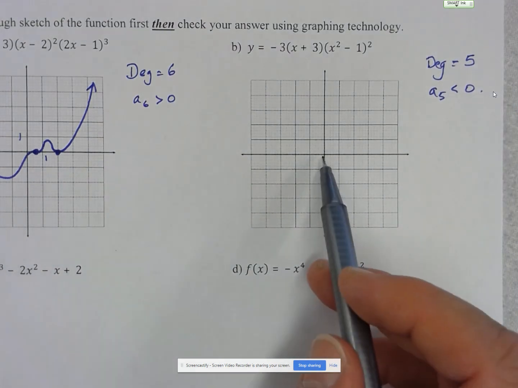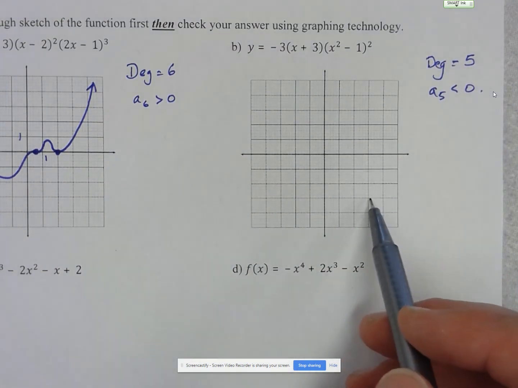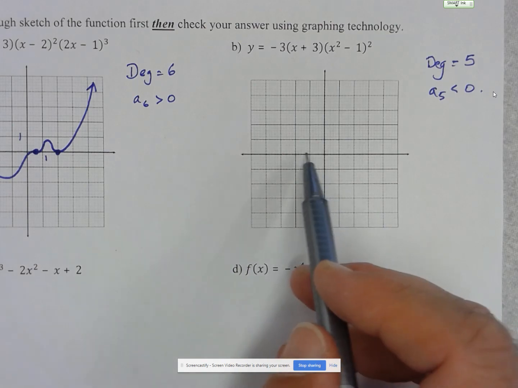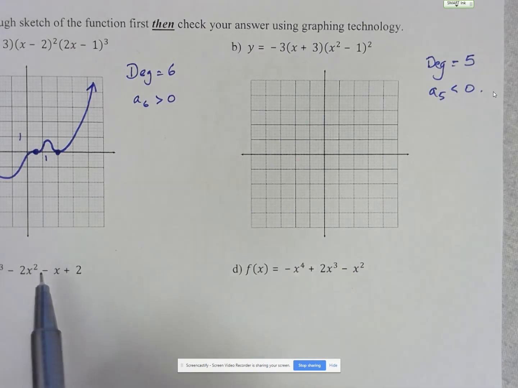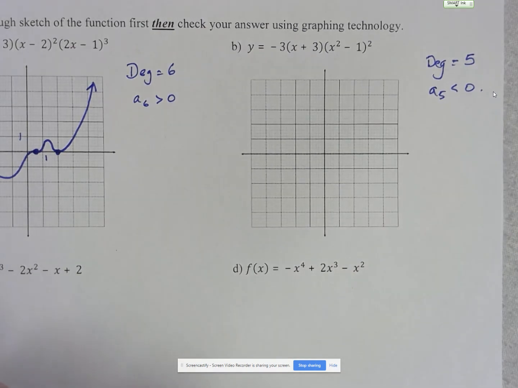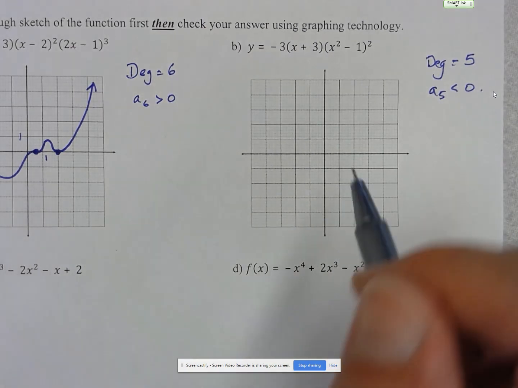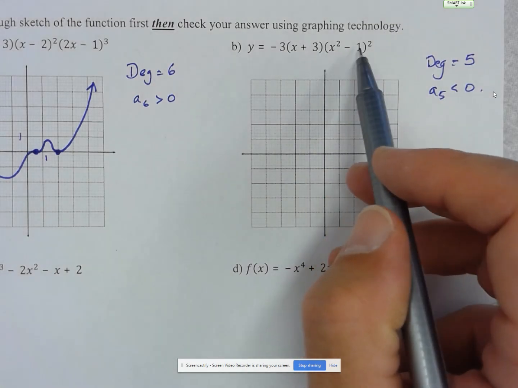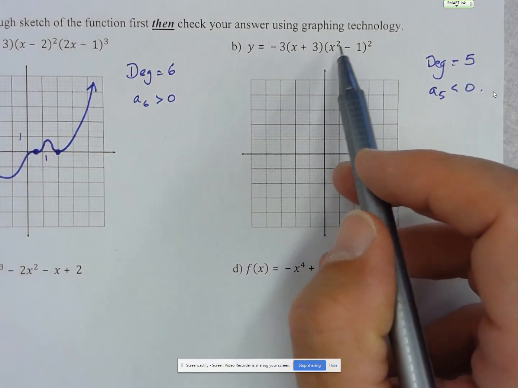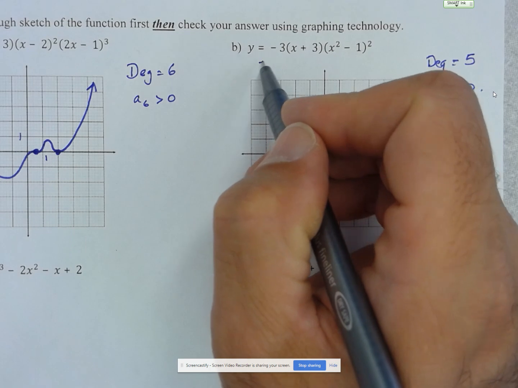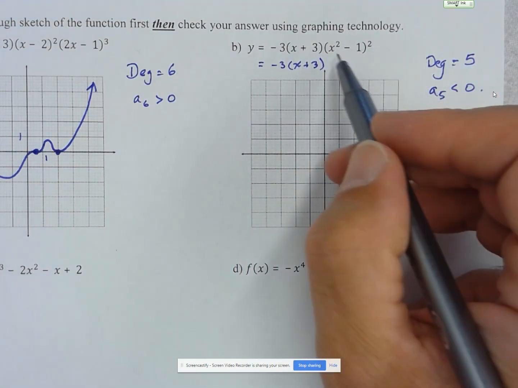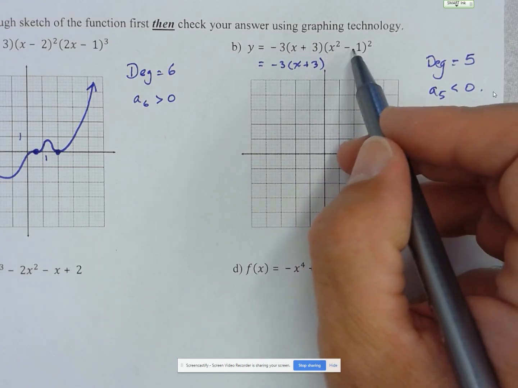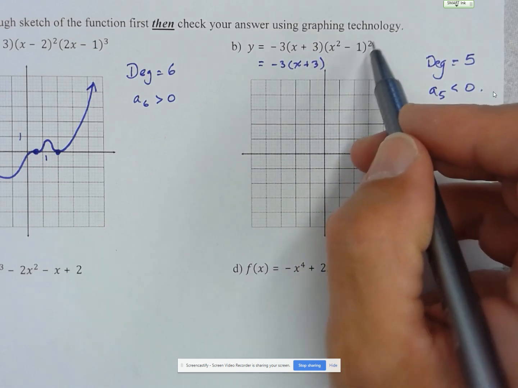So that means that as x goes to positive infinity, the y's are going to go to negative infinity, and as x goes to negative infinity, the y's are going to go to positive infinity. So that's going to help me draw my graph. But before I go on, I notice I don't have a linear factor here. But this is just a difference of squares. So this can be written as -3 times x plus 3, and I know this is going to be x plus 1 times x minus 1, and all of that is going to be squared.